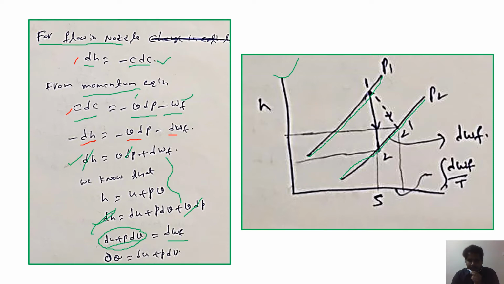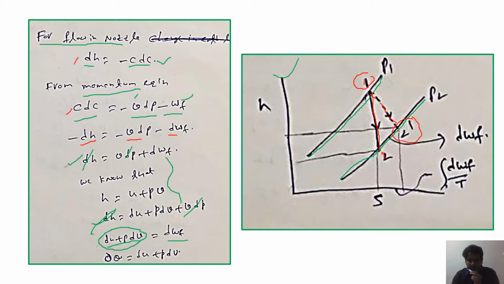As we know, isentropic expansion in the nozzle from 1 to 2, 1 is at the inlet of the nozzle, 2 at the exit of the nozzle. If there is friction inside the nozzle, it is not a vertical line, it will be some inclined line, that is 1 to 2 dash.